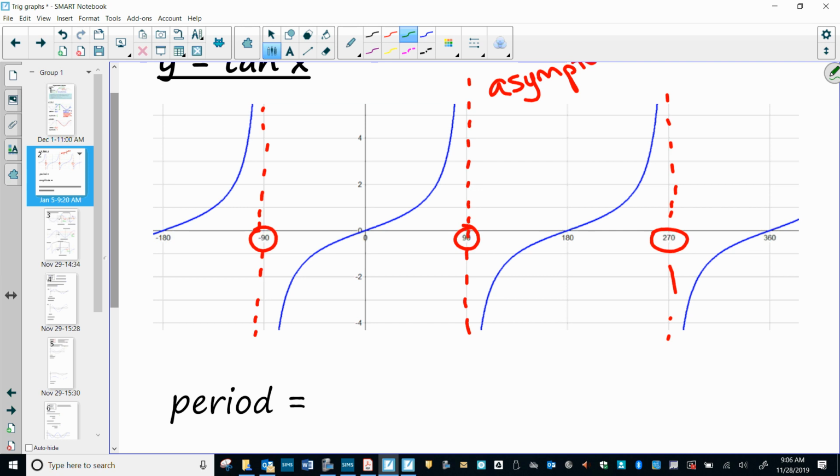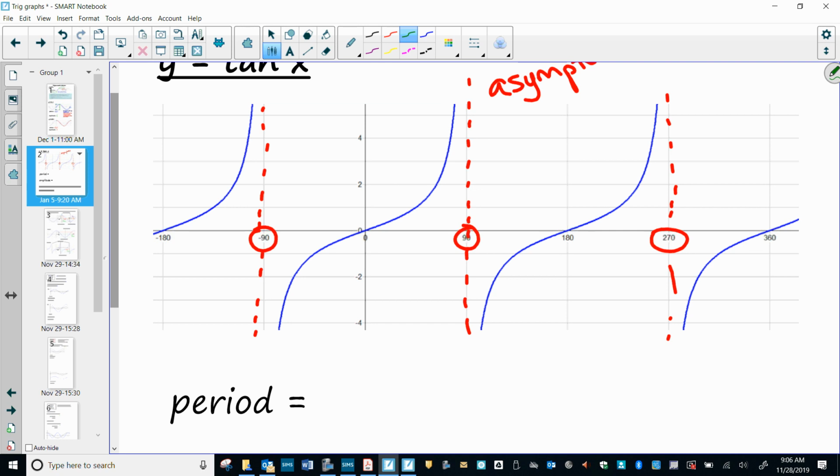touch it. Whilst it looks like it's nowhere near it, way down here, it would be really, really close to it. If you go on for infinity, won't they touch? No, it's the nature of the graph.